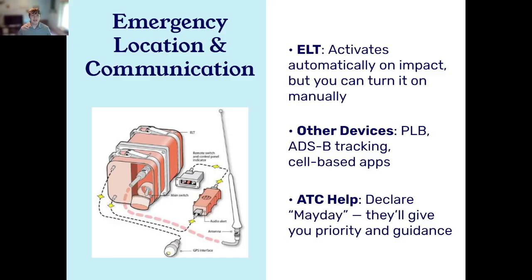Now, when it comes to ATC help, and you're near an airport, let's say you lose your engine then, right? Well, instead of switching to the 121.5, just hop on ATC and say, Mayday, Mayday, Mayday, I have an engine failure. And they're going to give you priority. Now, what's giving you priority?